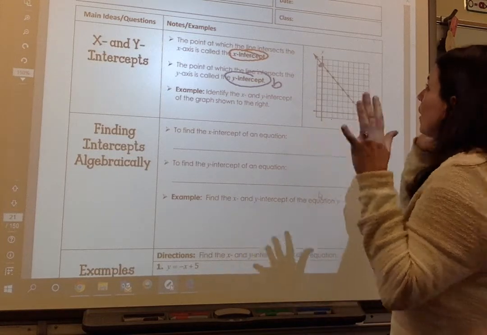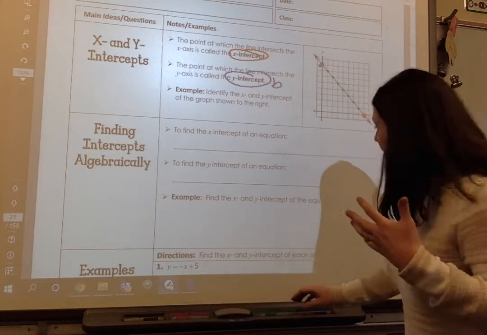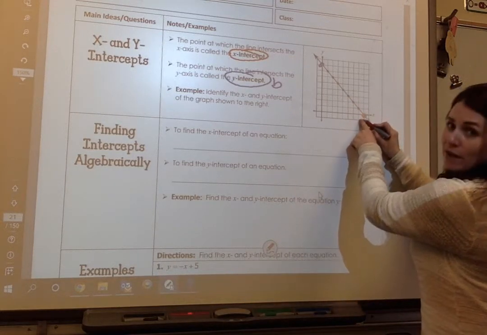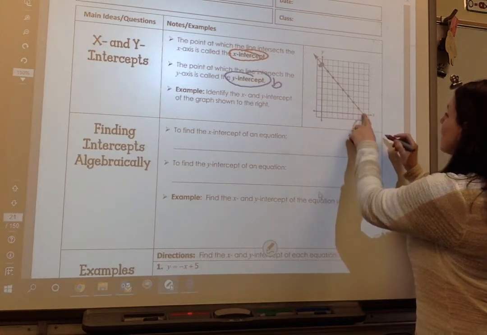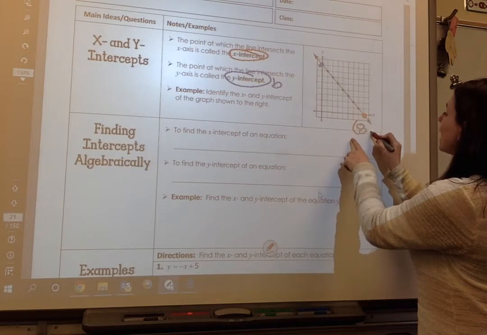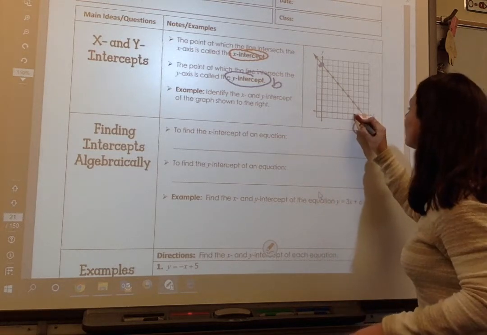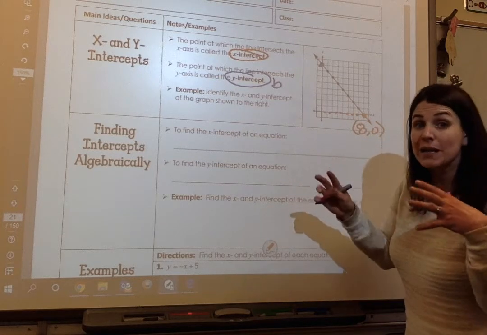So what I want you to think here, and this is what we did last semester, is we said, at this point, what is my y value? Well, it's 1, 2, 3, 4, 5, 6, 7, 8. So my x value is 8. My y value is 0. All along this line, my y value will always be 0.